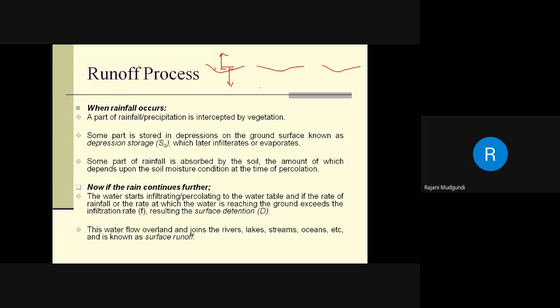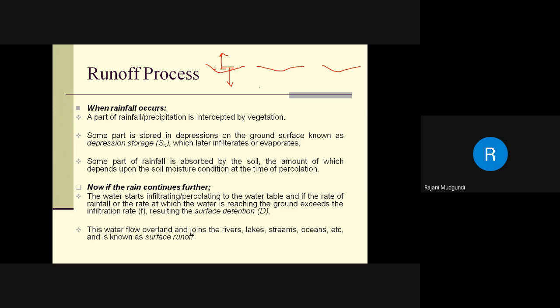Some part of the rainfall is absorbed by the soil, so it will be retained in the pores of the soil. The amount of water absorbed depends upon the soil moisture condition at the time of rainfall. If the soil is in a dry state and rainfall occurs at that time, the absorption by the soil will be more, right?